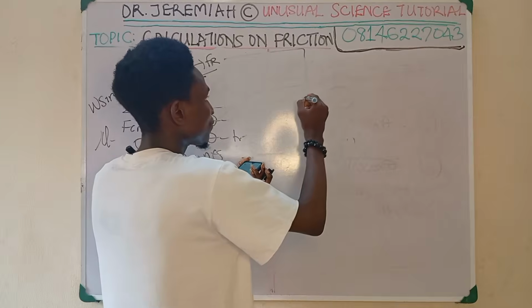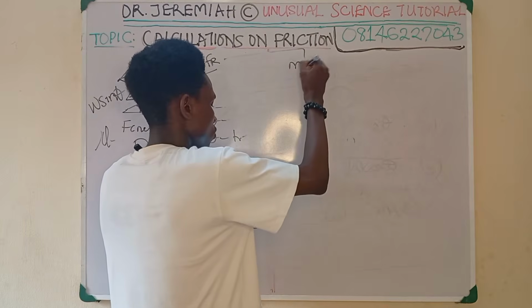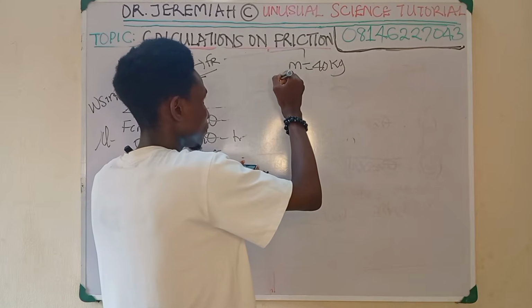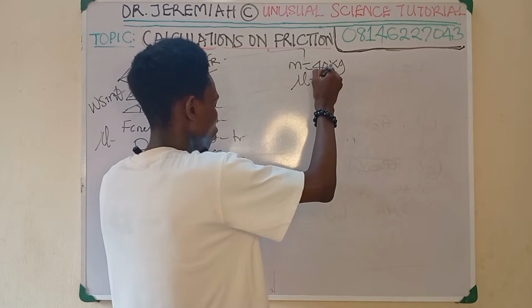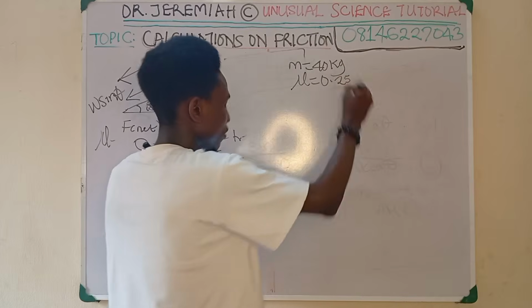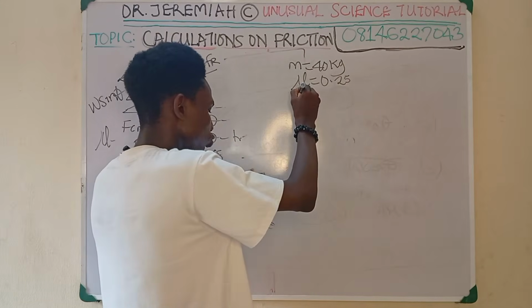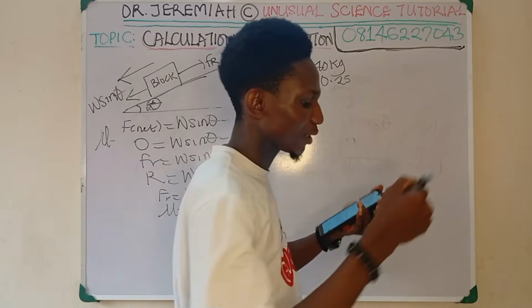So we have mass equal to 4 kg. We have coefficient of friction equal to 0.25. Then we have magnitude of the minimum force, the minimum force required to keep the crate stationary on an inclined plane.